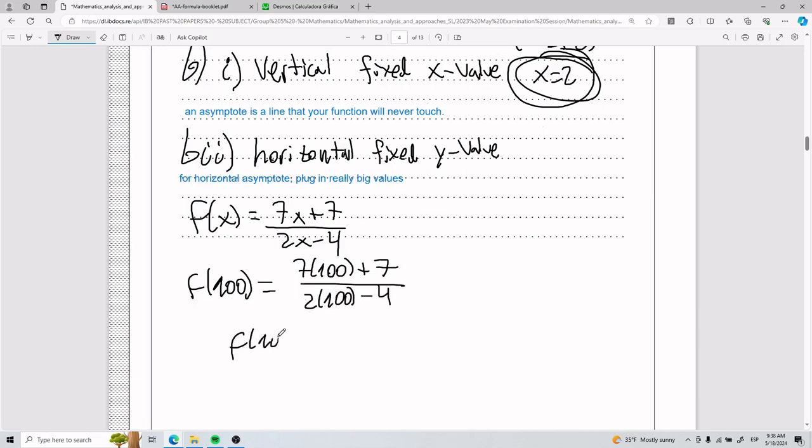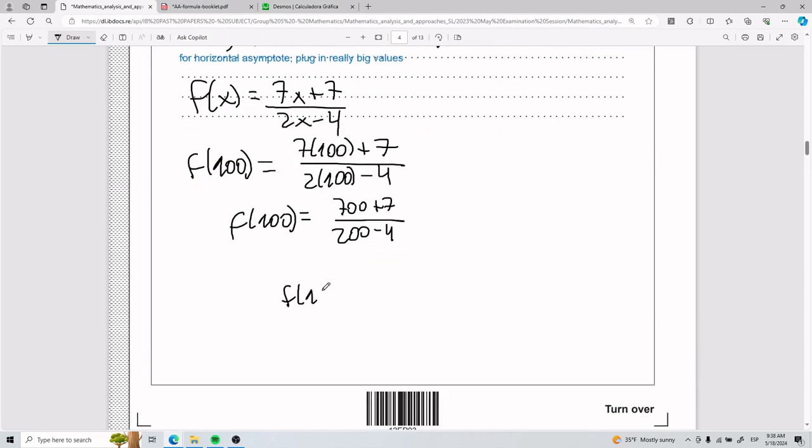That means I end up with 700 plus 7 divided by 200 minus 4. So this is pretty much just going to be 707 divided by 196.